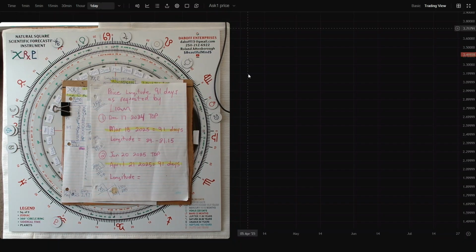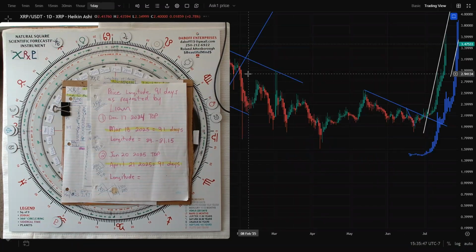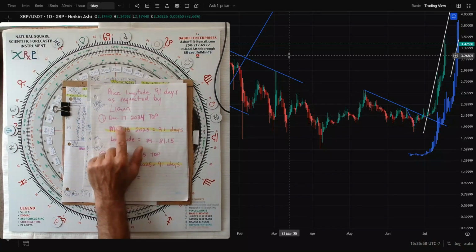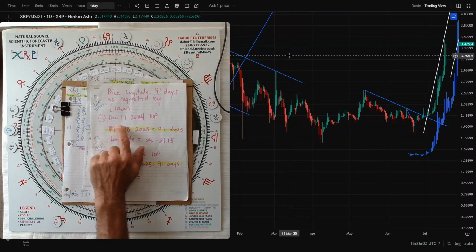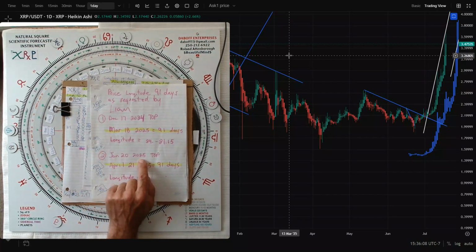Today's production is actually for Liam, and you can thank Liam. He wanted to know what the price longitude was for 91 days later from these tops on December 17th, 2024 and January 20th, 2025.